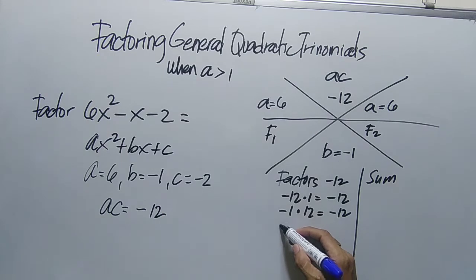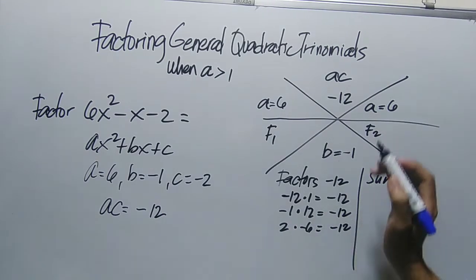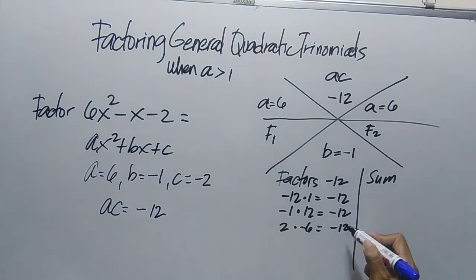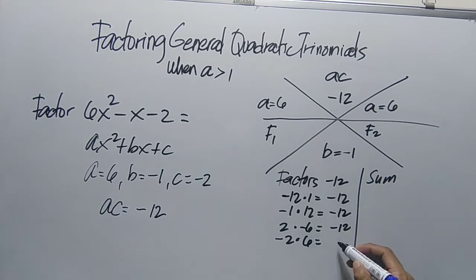Then 2 times negative 6, that is negative 12. Then, negative 2 times 6 is also negative 12. Negative 3 times 4, that is negative 12 pa rin yan. And negative 4 times positive 3 is negative 12.